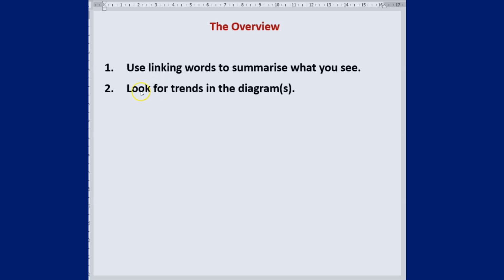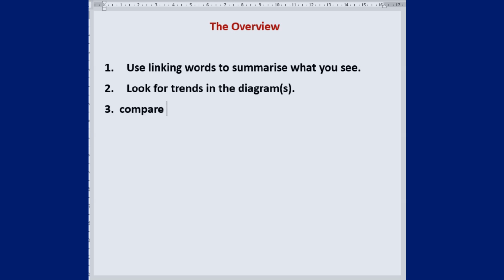The second thing you should notice is that in the overview you should look for trends in the diagram. Okay, not all of them. Sometimes there are some of them that do not demand trends, but you should also be using comparisons. So you should look out for the main trends, and you also have to compare, right?